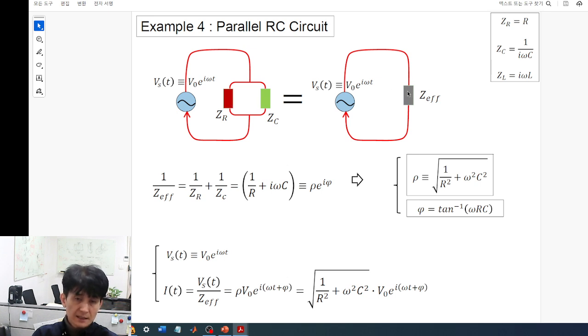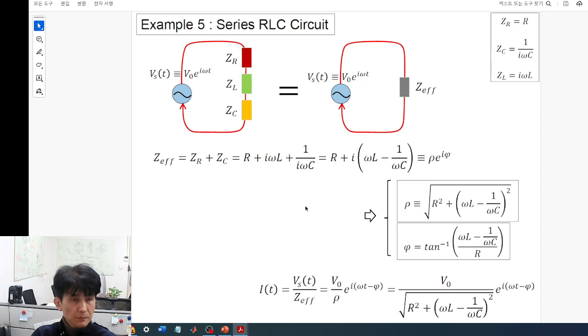Then we can consider this as one component, and as they are connected in parallel, 1 over Z effective should be 1 over ZR plus 1 over ZC, where ZR is R, ZC is 1 over i omega C, so 1 over ZC becomes i omega C. Then we can also calculate the current for a given source voltage with this expression.